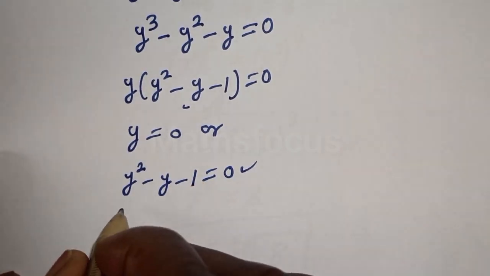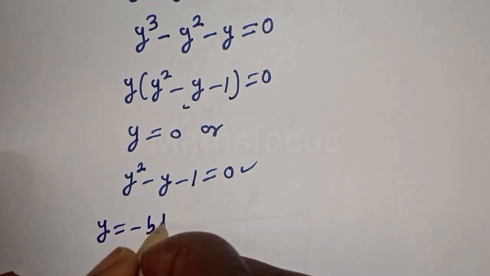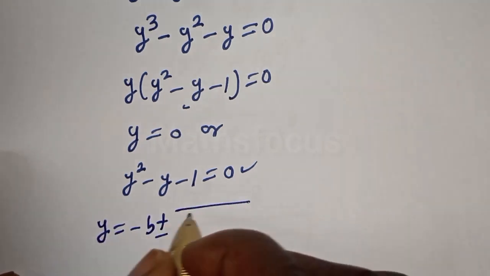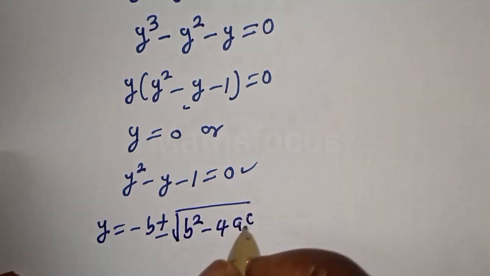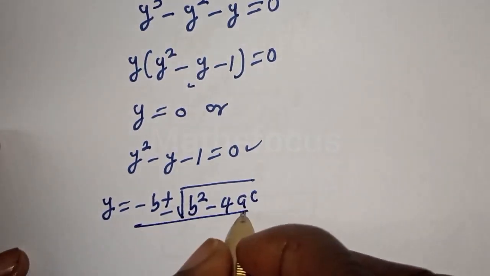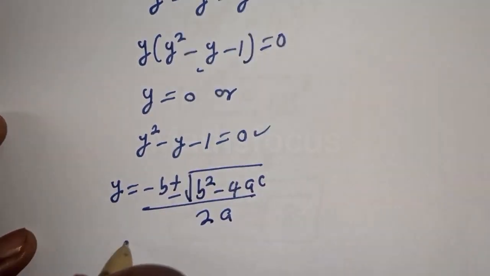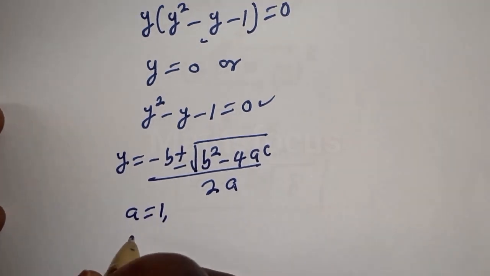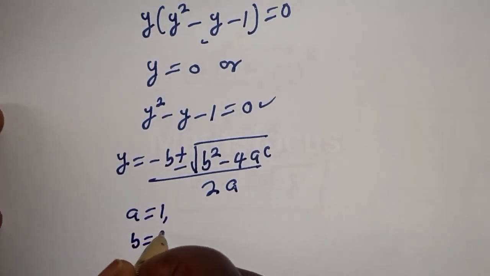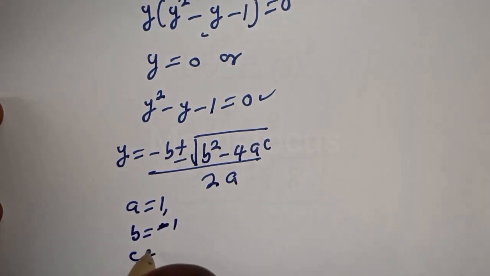Our quadratic formula gives us y is equal to minus b plus or minus square root of b squared minus 4ac, over 2a. Then from this equation, a is equal to 1, b is equal to minus 1, c is equal to minus 1.